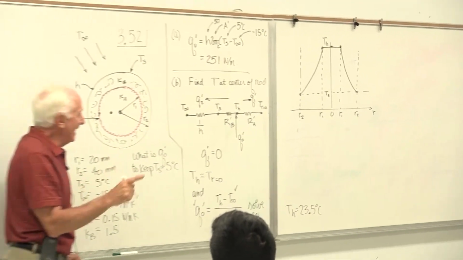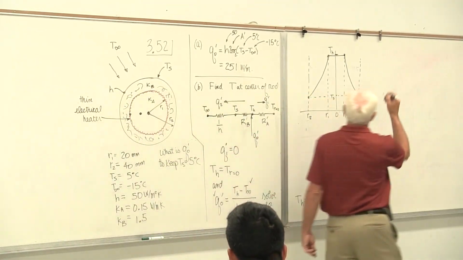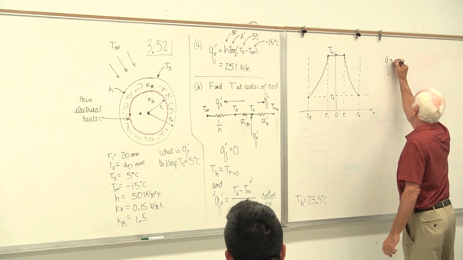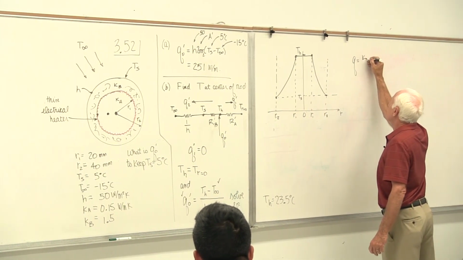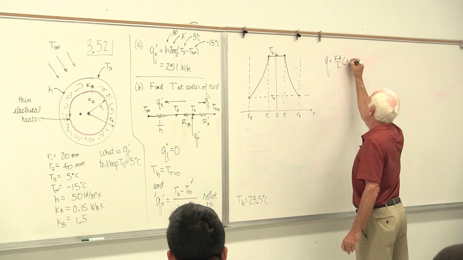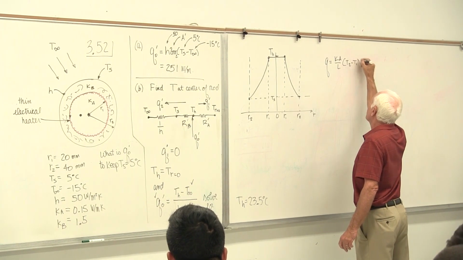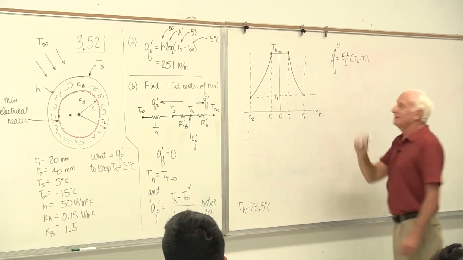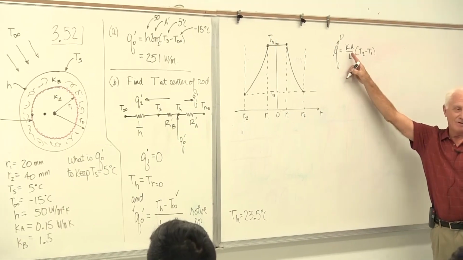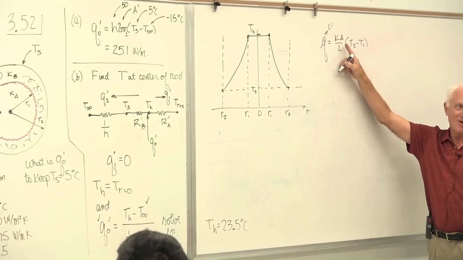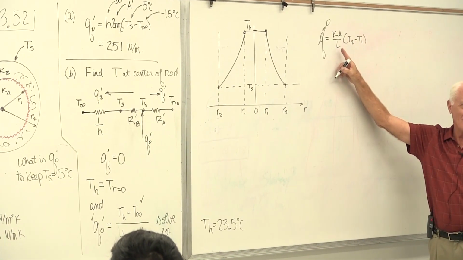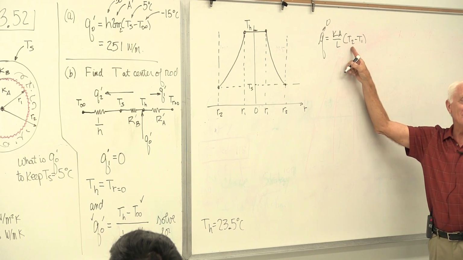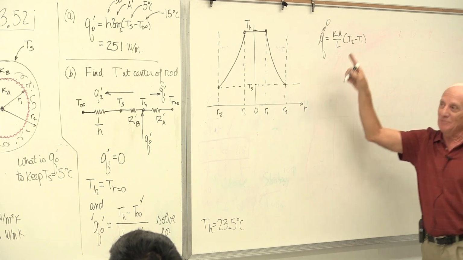If you say I can't have Q, is k zero? No. Is A zero? No. Is L infinite? No. Oh, that must mean T2 must be T1.